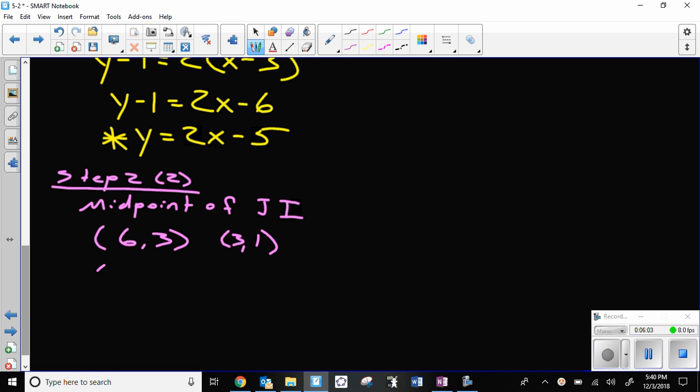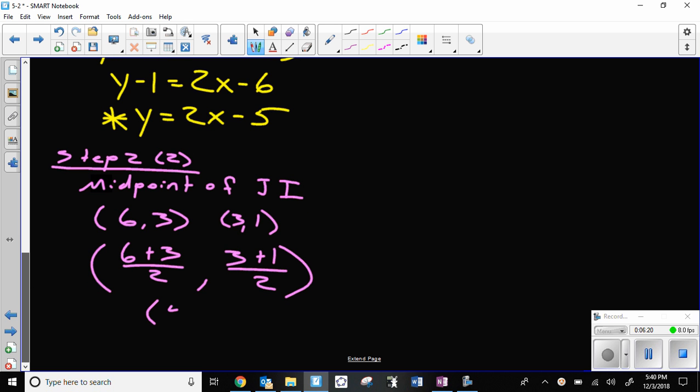Again, we'll take our x's, add them up. 6 plus 3 divided by 2, and then 3 plus 1 divided by 2, which will get us a midpoint of now 4.5, comma 2.